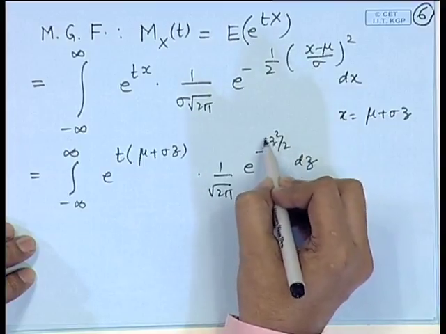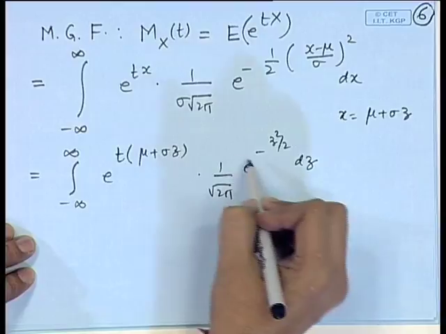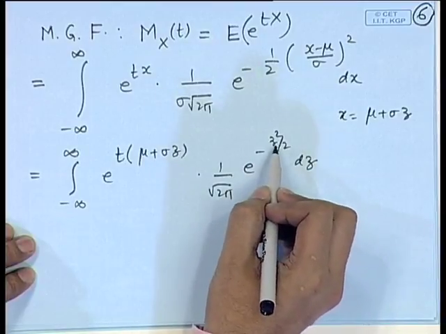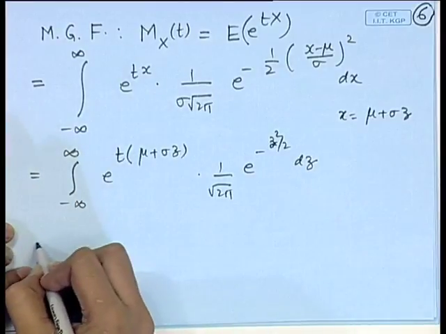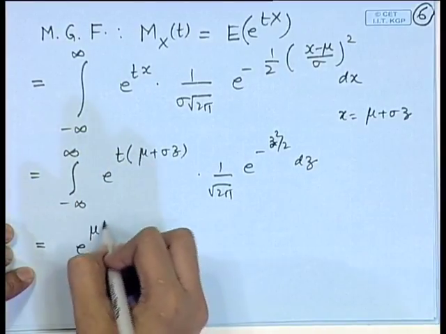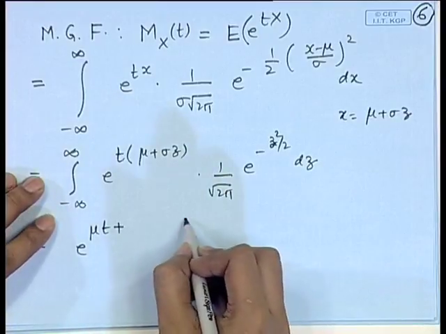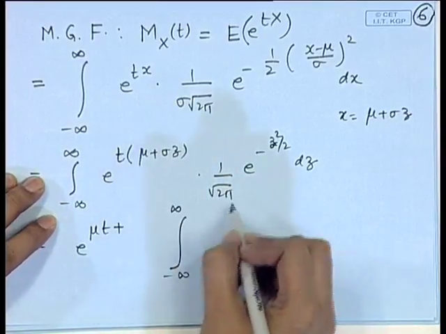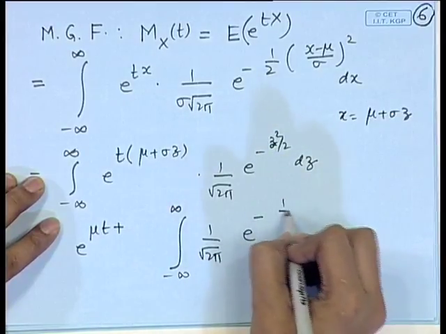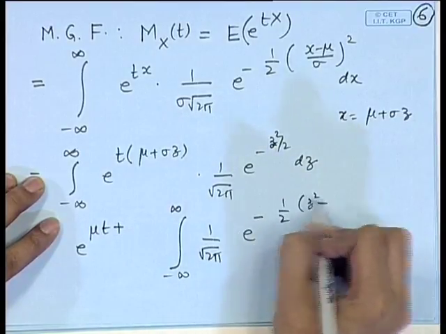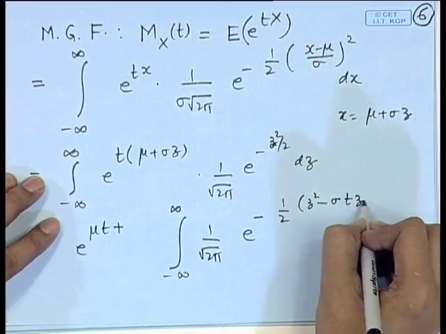So, since it is a quadratic in z, we will again convert it into e to the power some term which will involve a square in z. So, we can write it as 1 by root 2 pi e to the power minus 1 by 2 (z square minus 2 sigma t z).